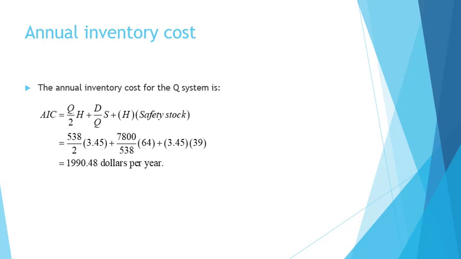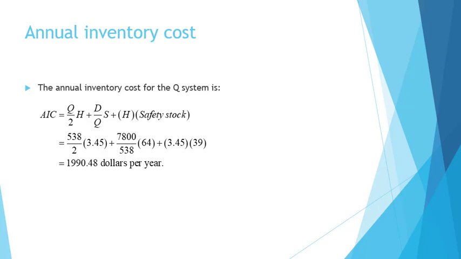So our AIC will be equal to average inventory level divided by 2 times H plus yearly demand divided by Q times S, and the cost of safety stock.